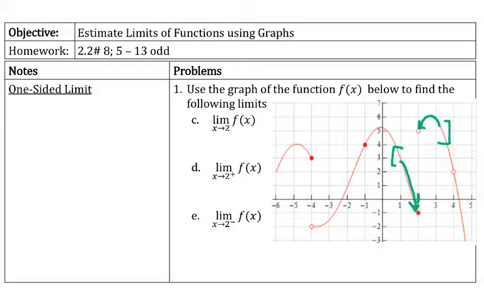We are approaching two different numbers. And so in this case, the limit as x approaches 2 doesn't actually exist, because on this side, we're approaching -1, but on this one, we're approaching 5. And 5 does not equal -1. And so the limit at that point does not exist.